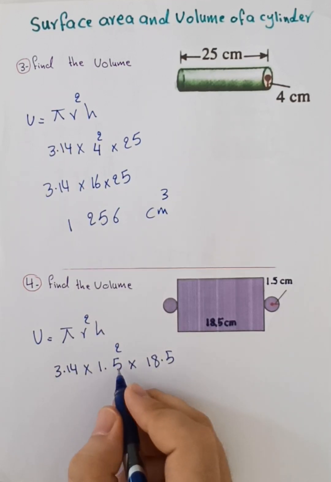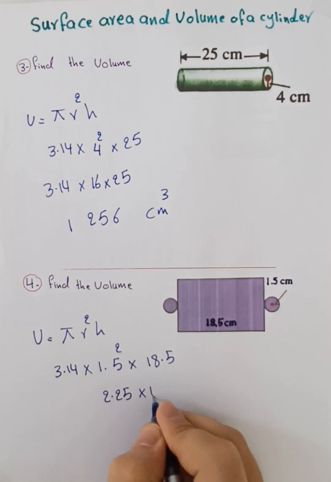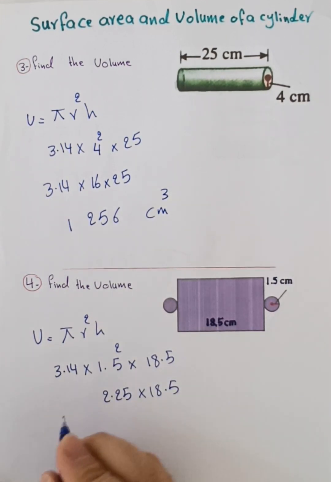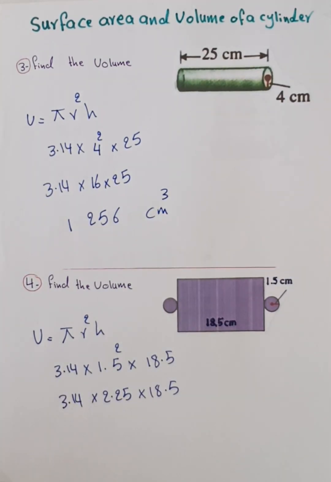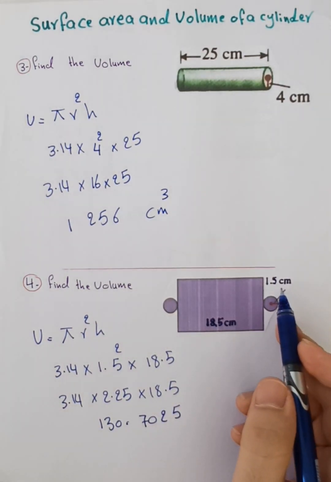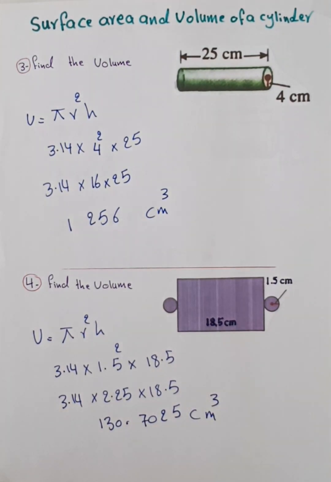After that, 1.5 squared equals 2.25, multiplied by 18.5 and then multiplied by 3.14. When we multiply these 3 numbers all together, the product is 130.7025. The unit is centimeter, so we have cubic centimeter.